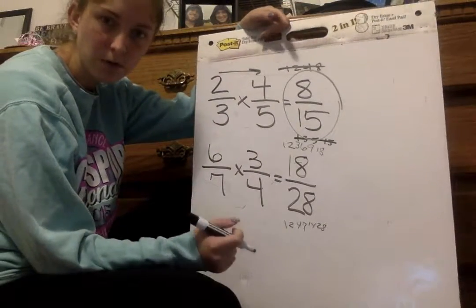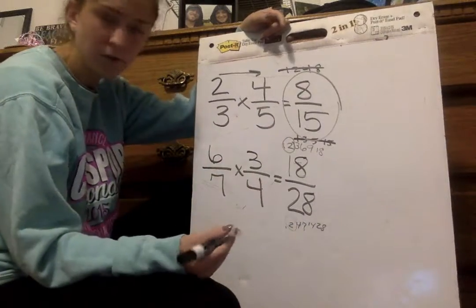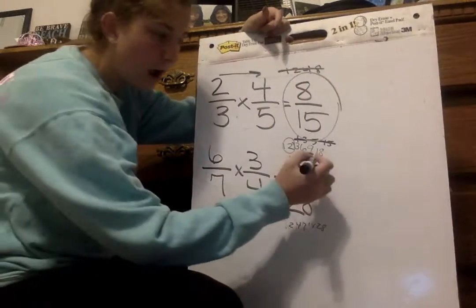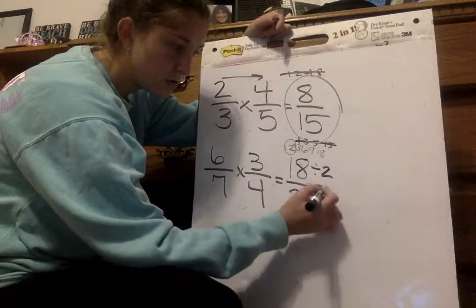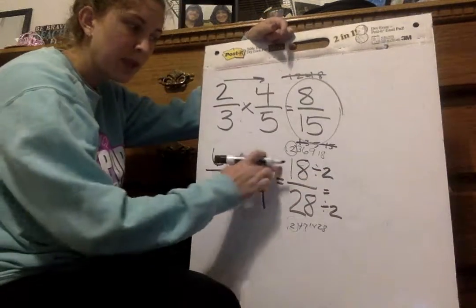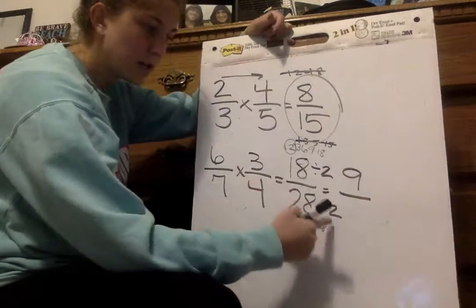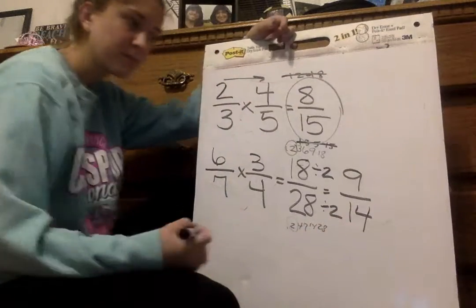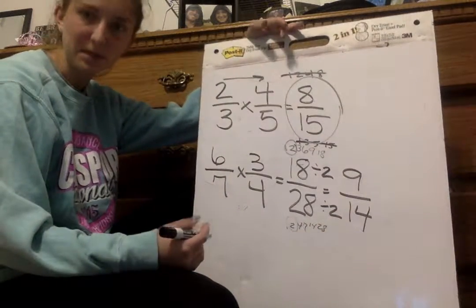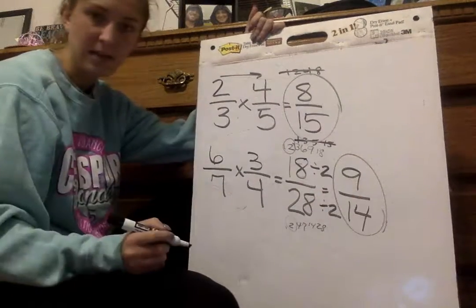Do any of the numbers overlap? I see 2's that overlap. Therefore, I can divide both of these numbers by 2 to simplify. 18 divided by 2 I know is 9. 28 divided by 2 is 14. Therefore, in simplest form, my answer is 9/14.